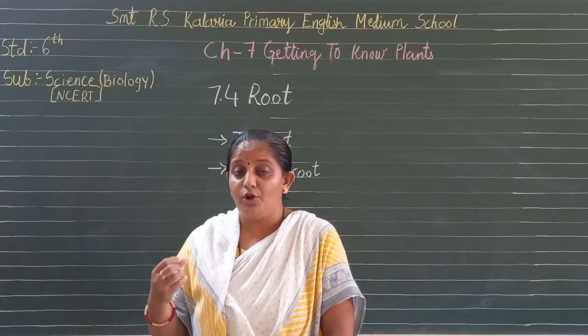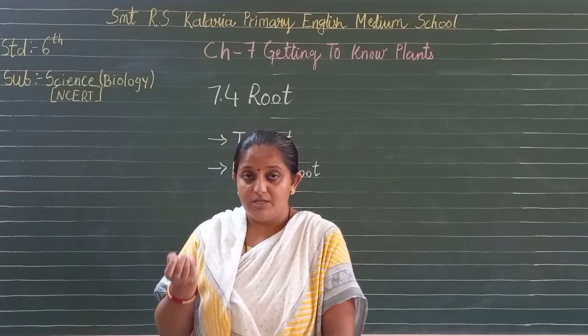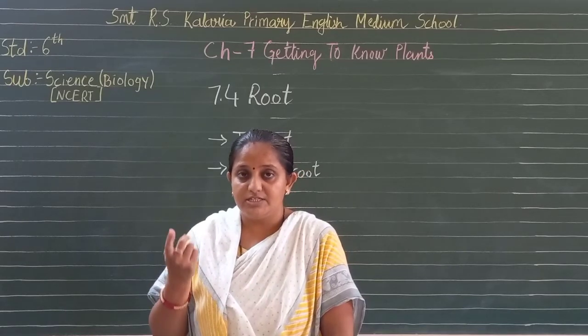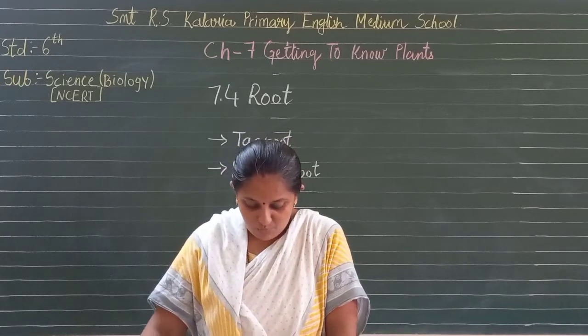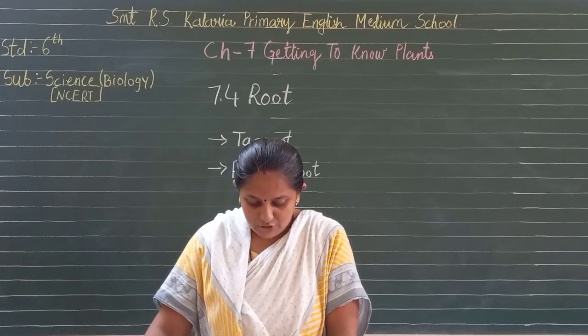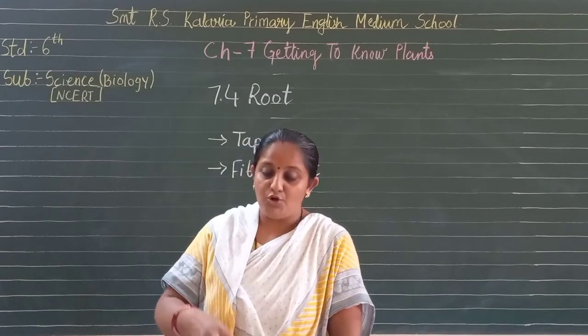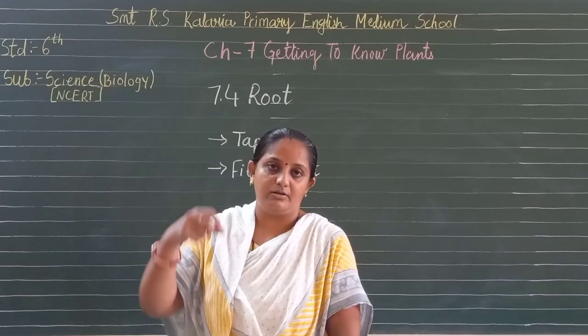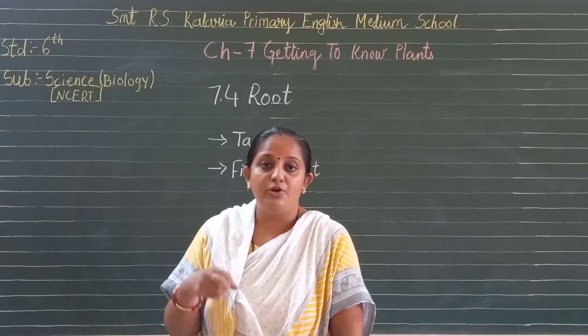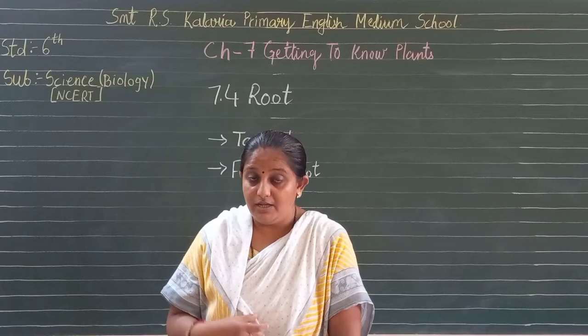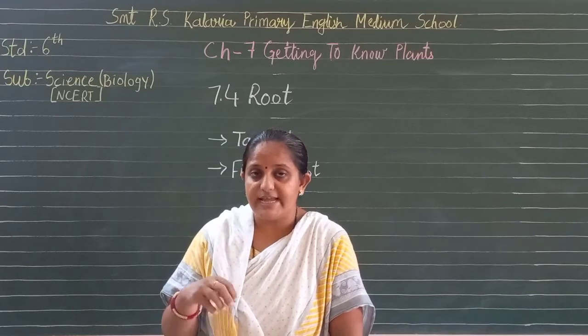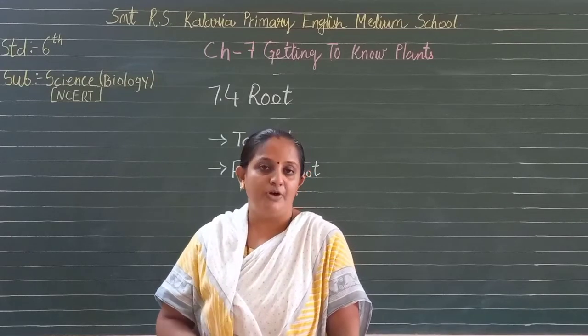After some time you will observe the sprouts coming out, some white structure, a white tail appears, isn't it? Now try to pull it. It shows that if you try to pull it out, it will not come out easily. Why? Because the roots anchor the plant firmly.